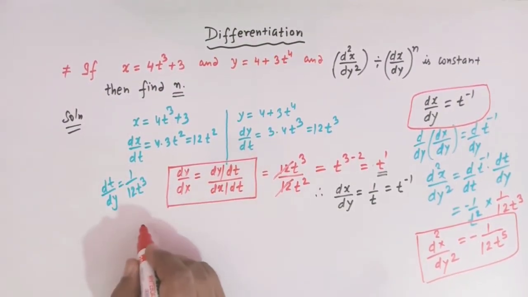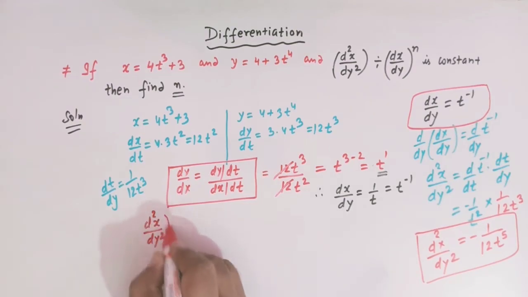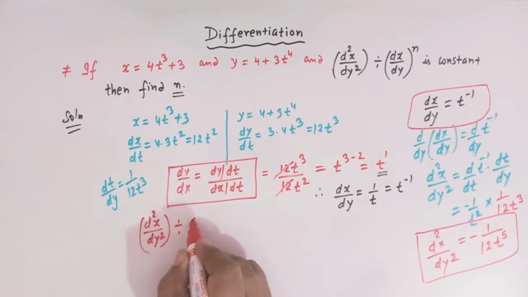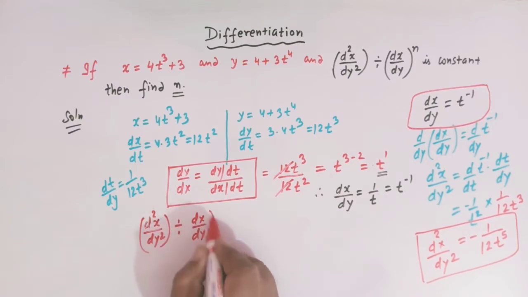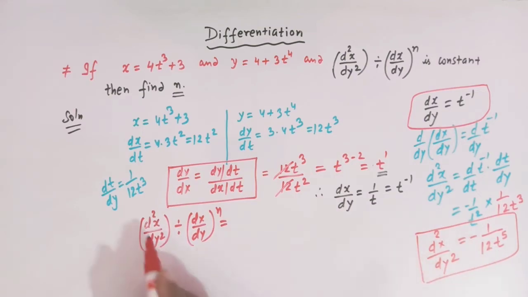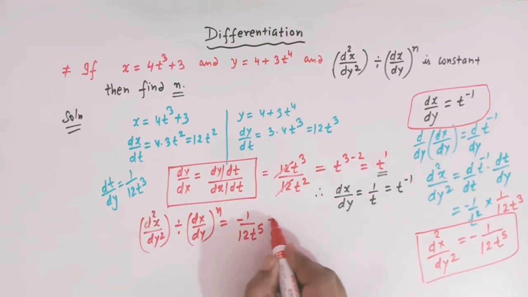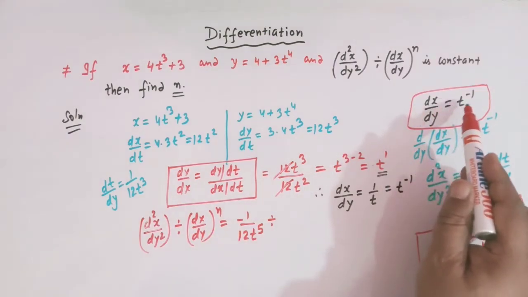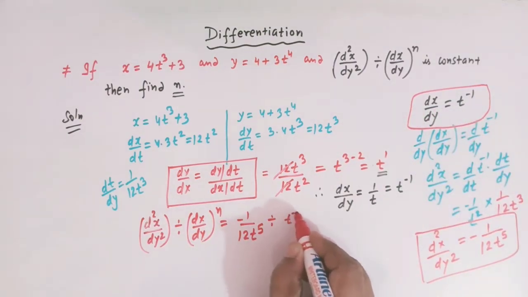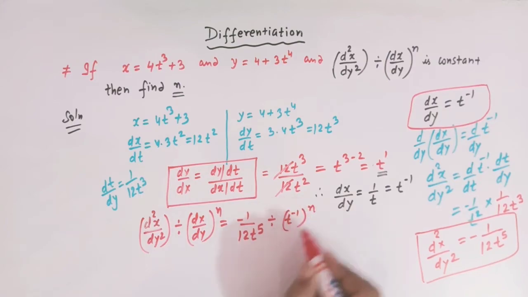The value of d²x/dy² is minus 1 over 12t⁵, divided by dx/dy, which is t⁻¹, raised to n.